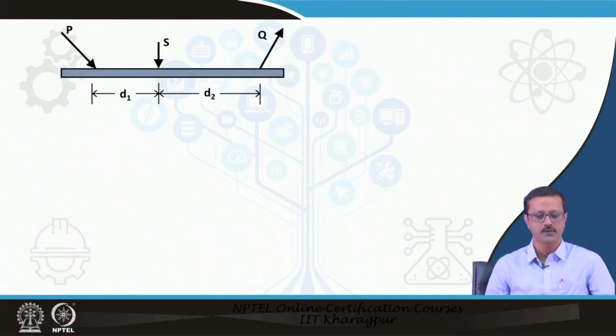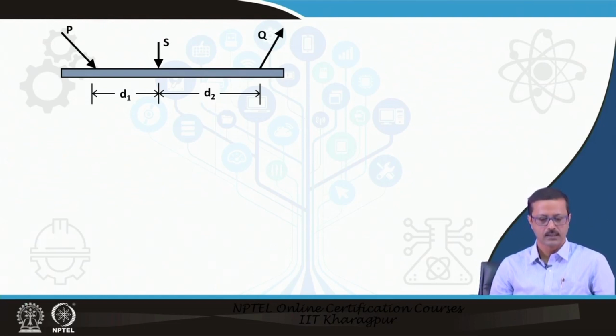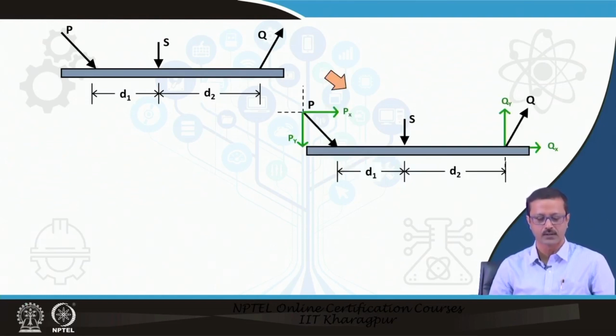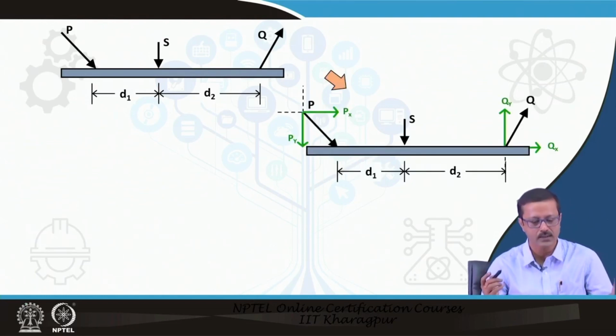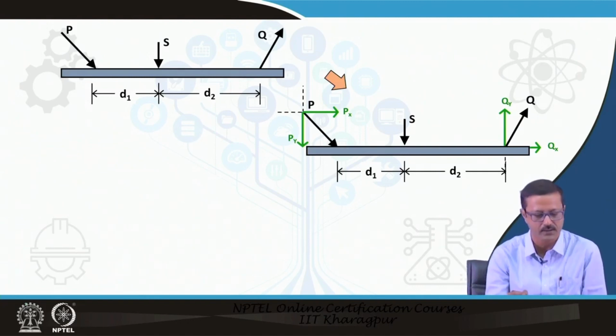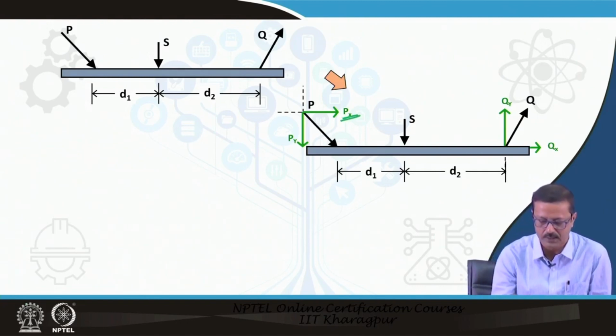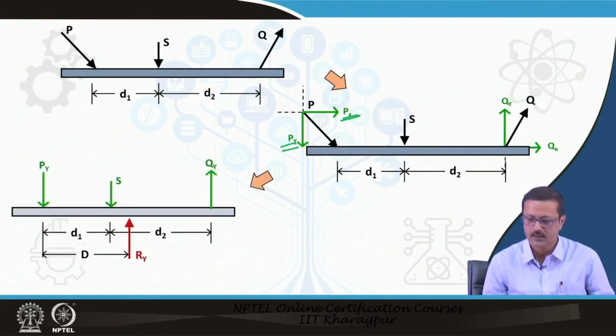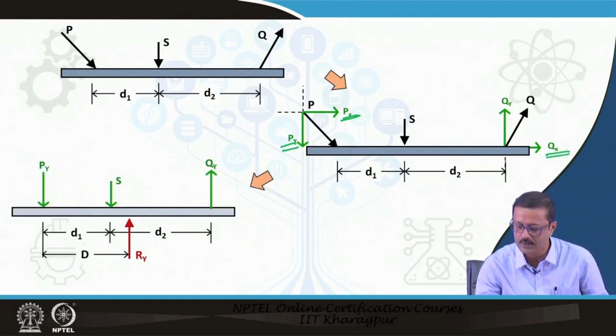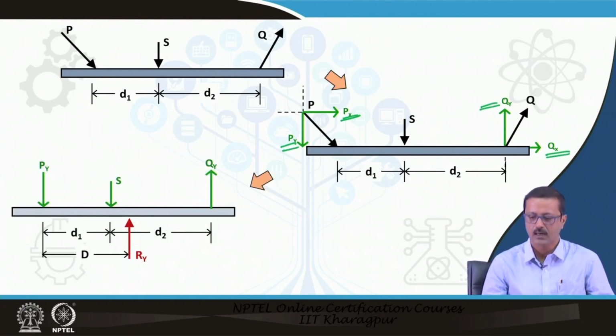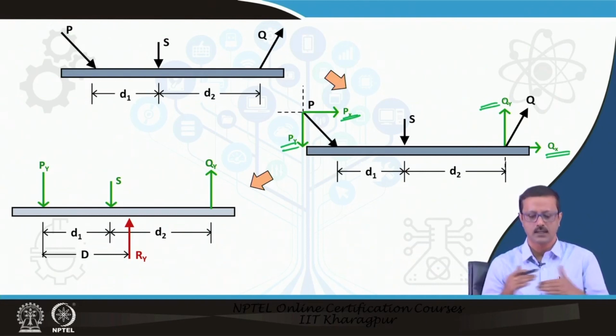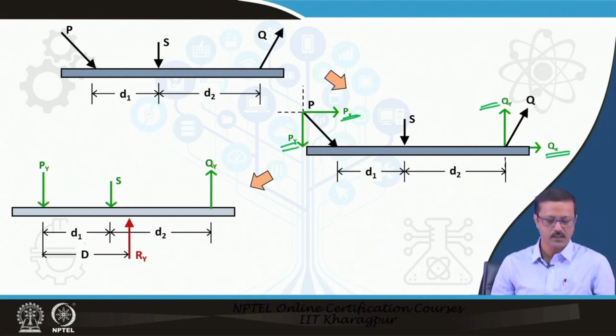Suppose in a body the forces are acting like this in a different orientation. As I know, I can resolve the forces, so I can resolve this force P as Px and Py, and similarly I can resolve the forces Qx and Qy like this. Now all the forces are either in the x direction or the y direction.